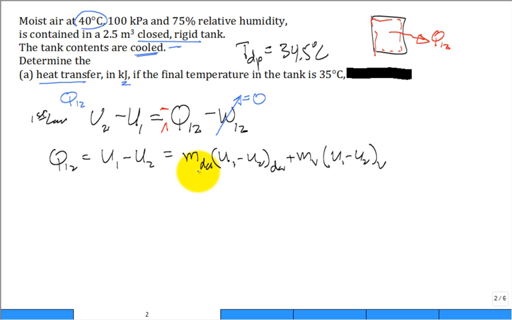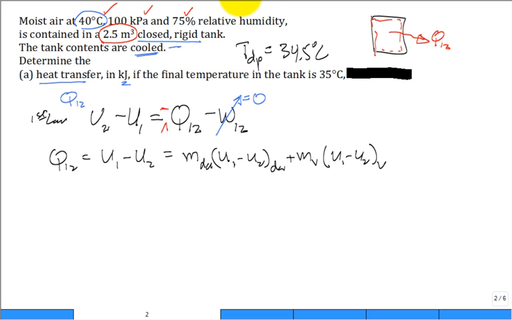So how do I calculate the mass of the dry air in a container that is this size? That's the volume in the container. And it has 75% relative humidity, 100 kilopascals, and 40 degrees C. How do I determine that mass of the dry air? Use the ideal gas law. And so we'll write it like this.